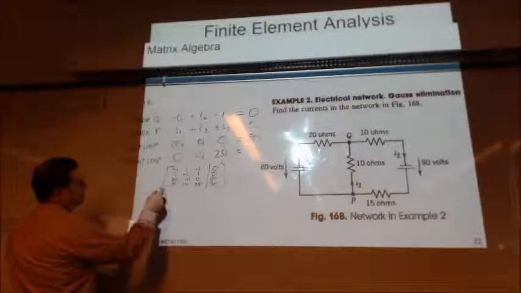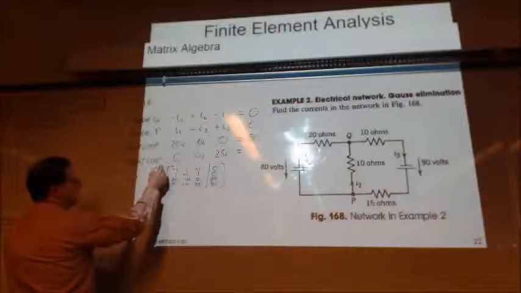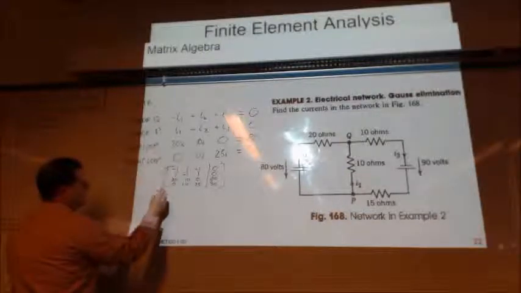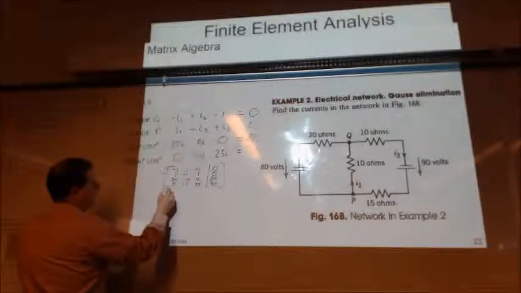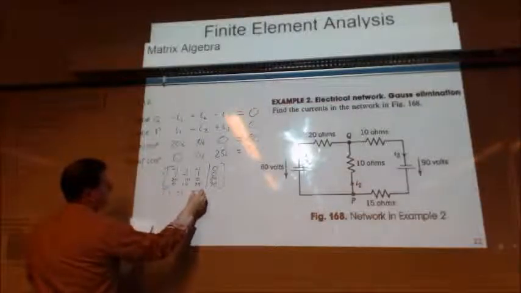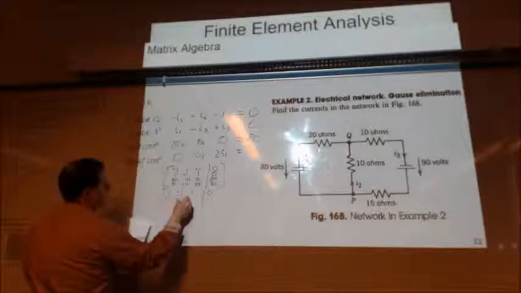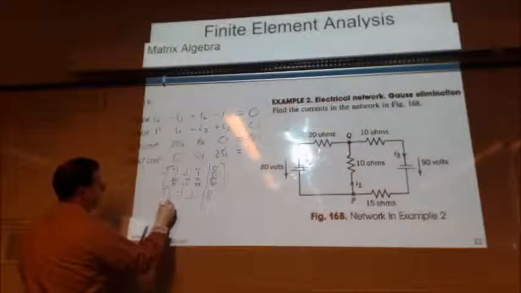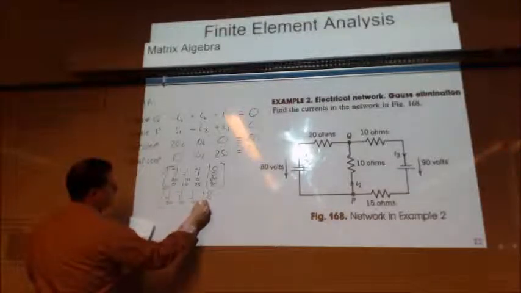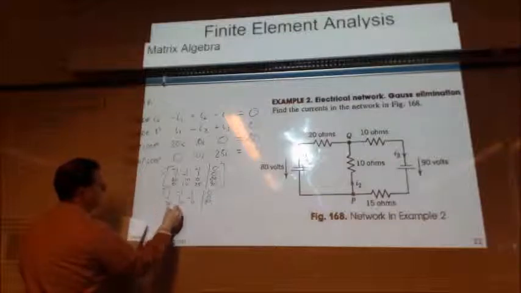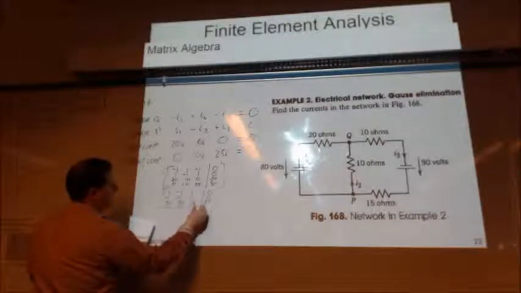Well, if I swap these 2 rows, 1, minus 1, 1, 0, 1, minus 1, 2, 10. 0, 10, 25.